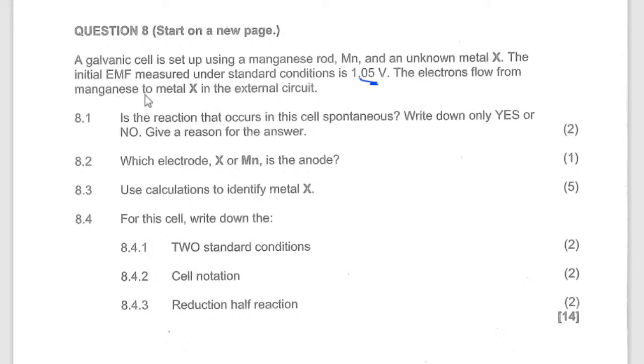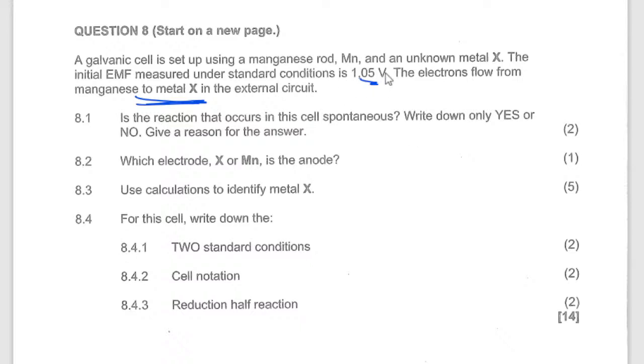Electrons flow from manganese to the external circuit. This is very important. For the setup manganese and unknown X, is the reaction that occurs in this cell spontaneous? Write down only yes or no.